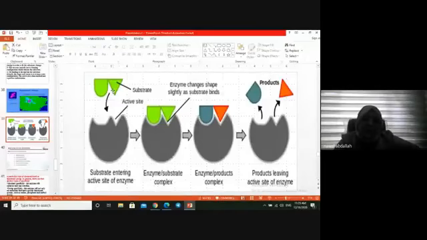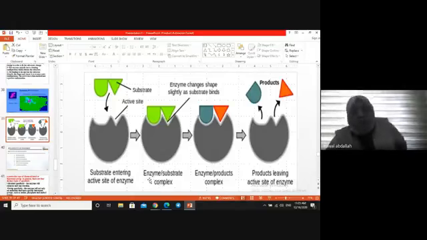The substrate enters the active site of the enzyme, forming the enzyme substrate complex.